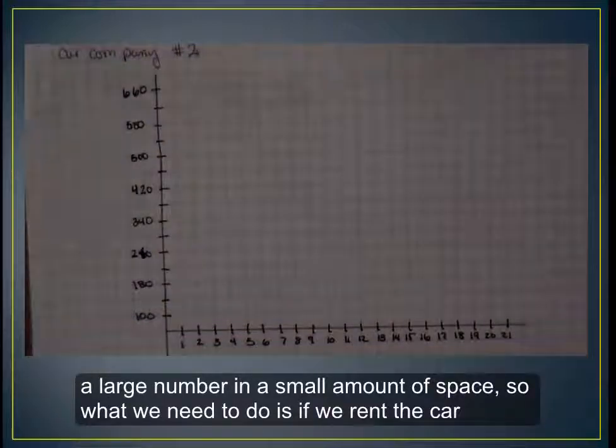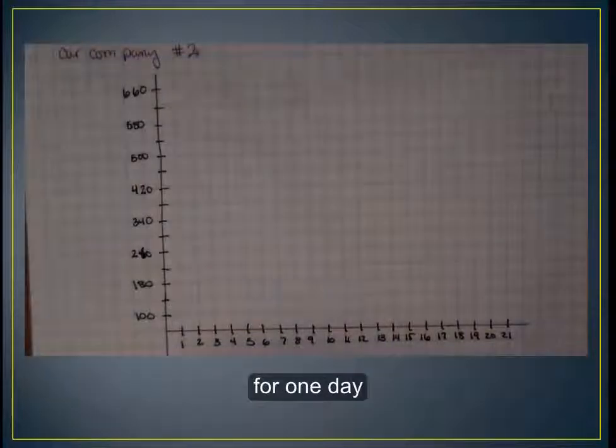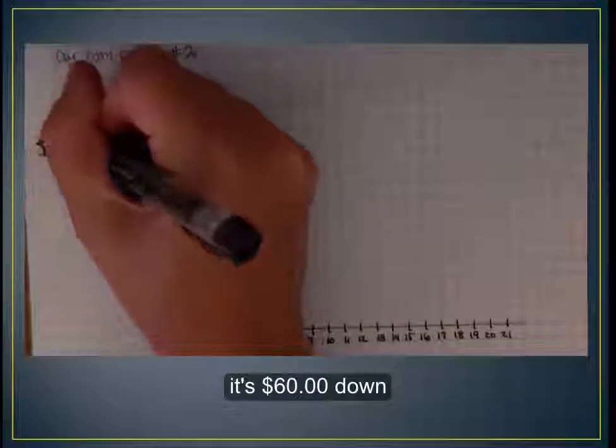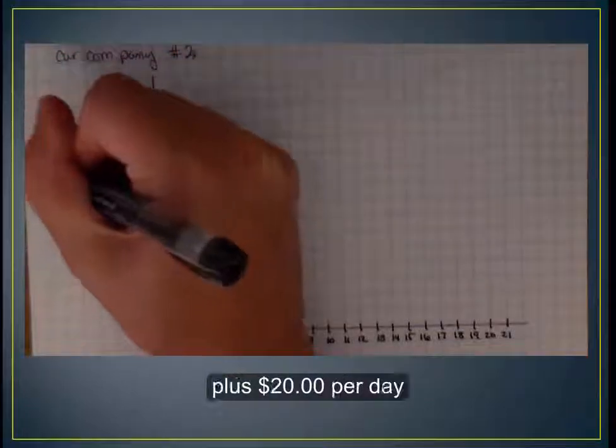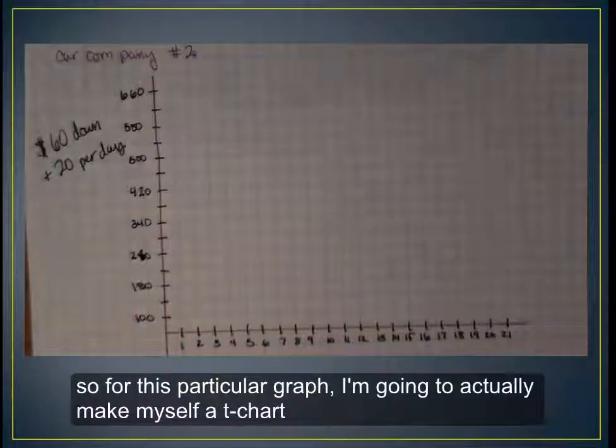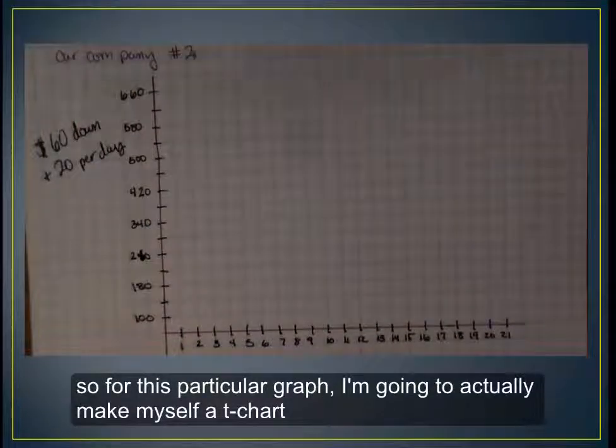So what we need to do is, if we rent the car for 1 day, it's $60 down plus $20 per day.